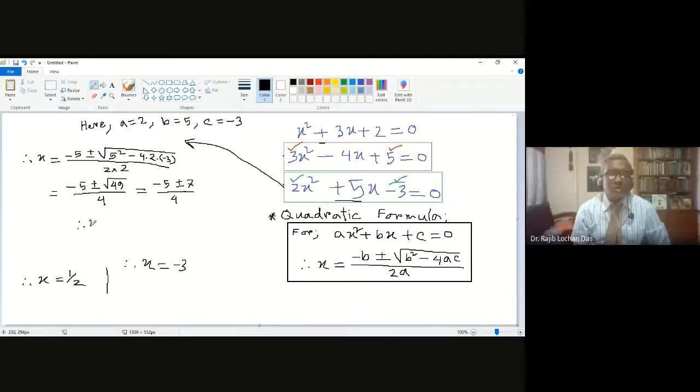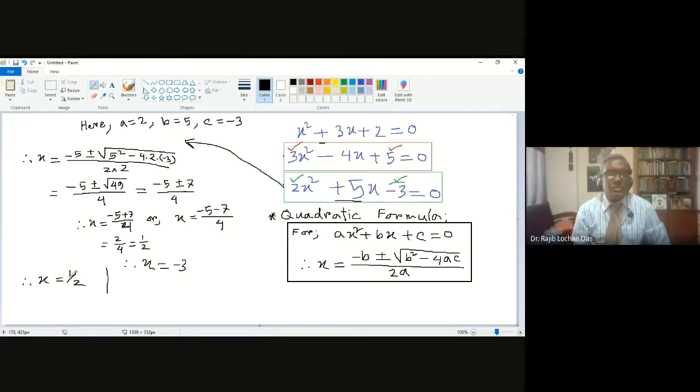One is x equal to minus 5 plus 7 by 4, which is 2 by 4, so 1 by 2.